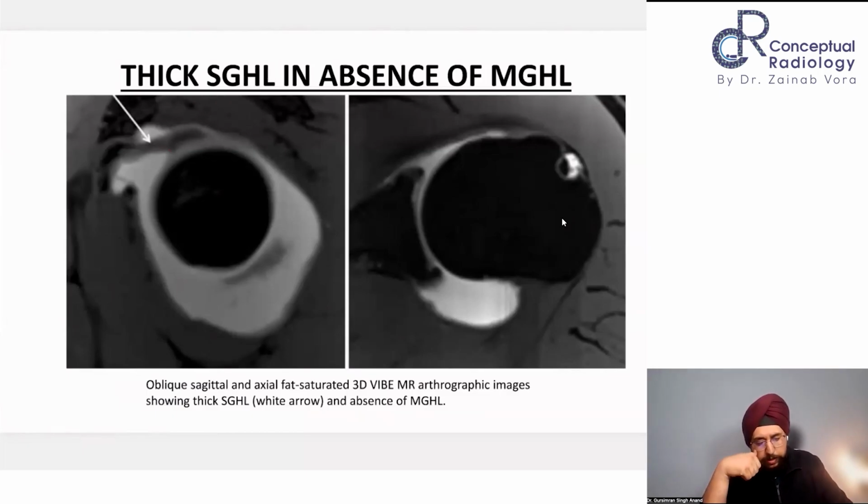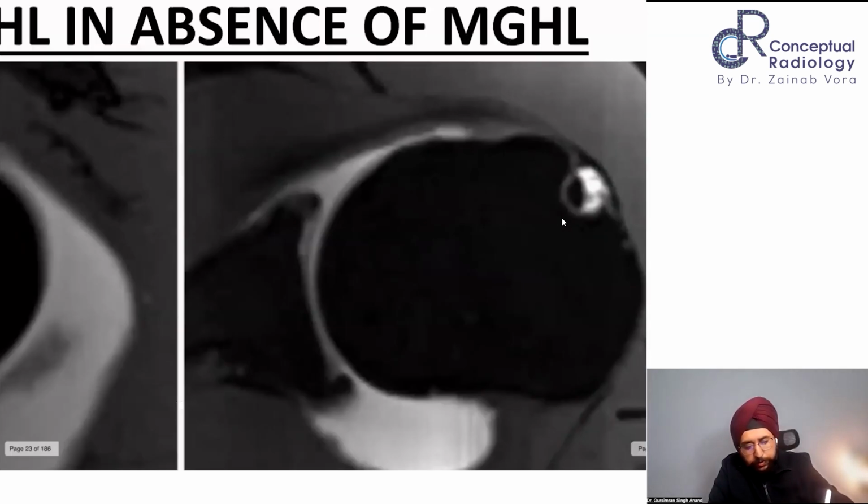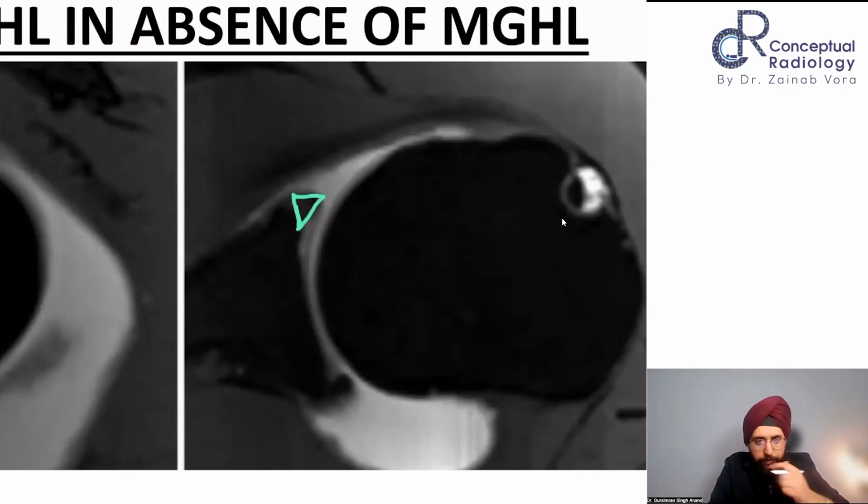So you see, the SGHL is thickened in this case. We do not see any MGHL here, because that should have been recognized in the same sequence. Okay. Also, on axial images, I have told you many times, this is your anterior labrum. Okay.